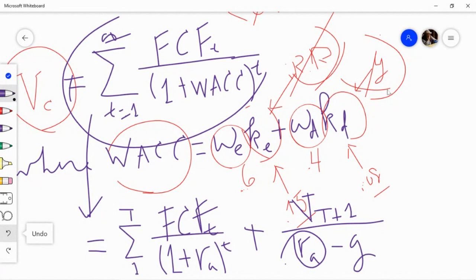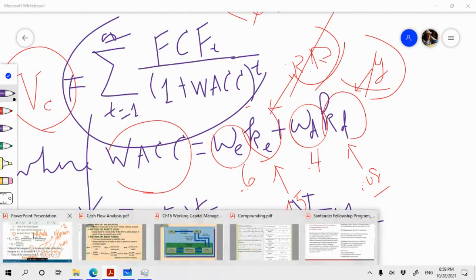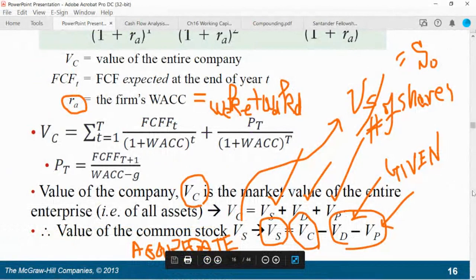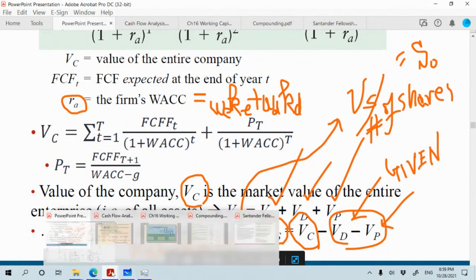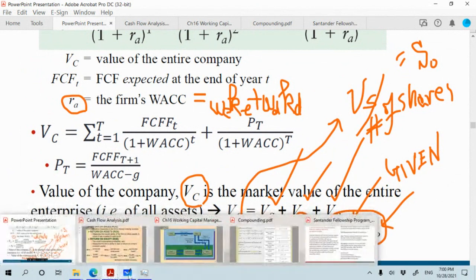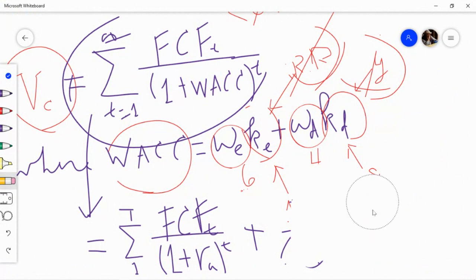Now think about it. Go back to that slide and see what that slide is. Okay, I'm sorry. I kind of didn't consider time t.